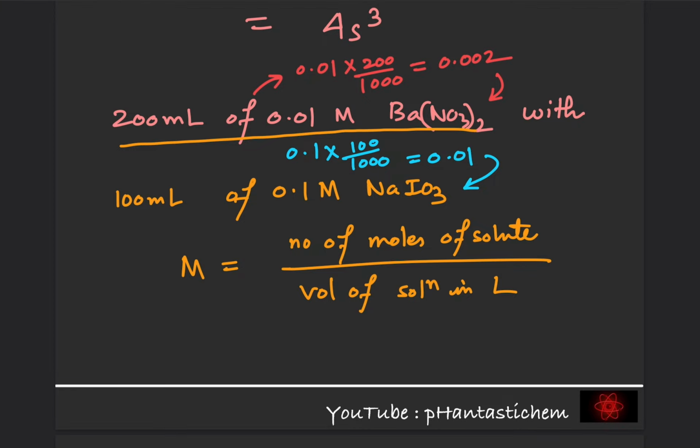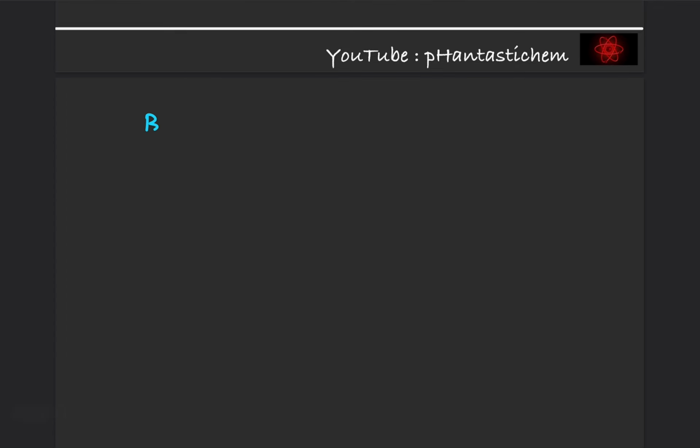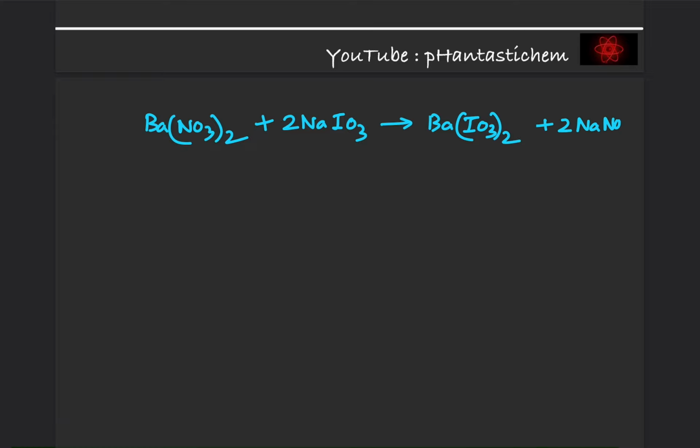Writing the balanced chemical equation for their reaction, we get Ba(NO3)2 plus 2 NaIO3 giving Ba(IO3)2 plus 2 NaNO3.